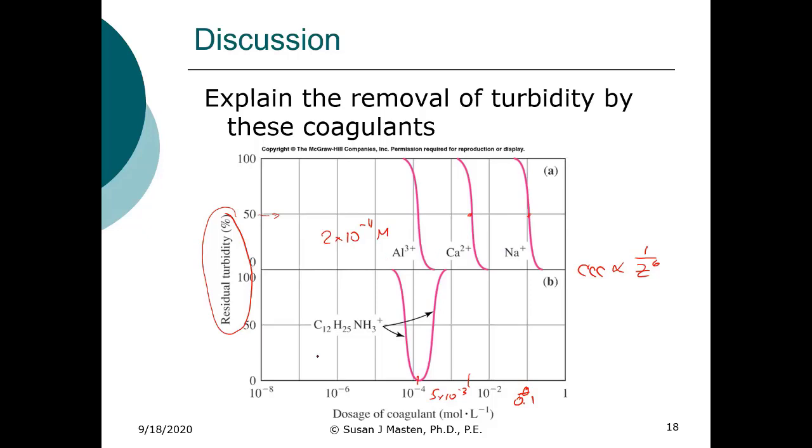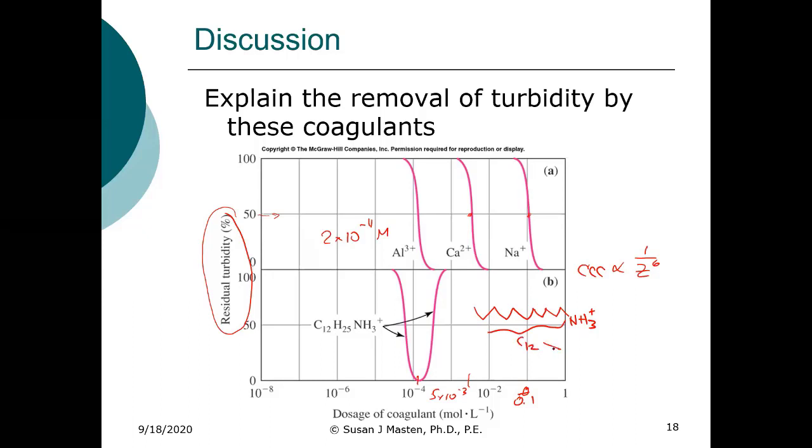Now, this is dodecyl ammonium, and it behaves differently. Dodecyl is 1, 2, 3, 4, 5, 6, 7, 8, 9, 10, 11, 12. It is a long carbon chain, so it's C12.